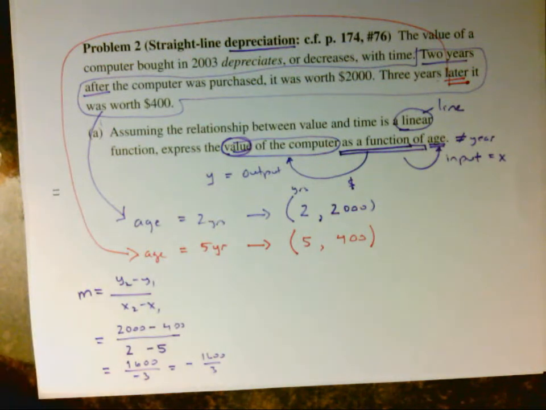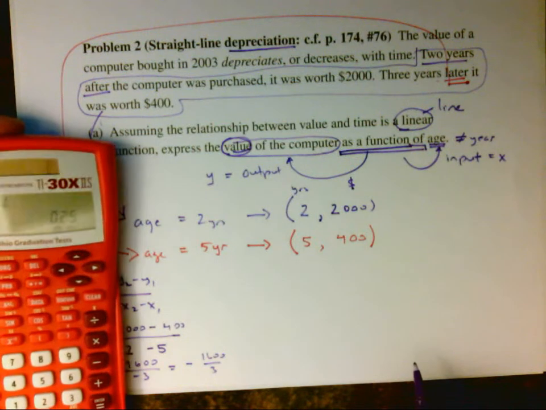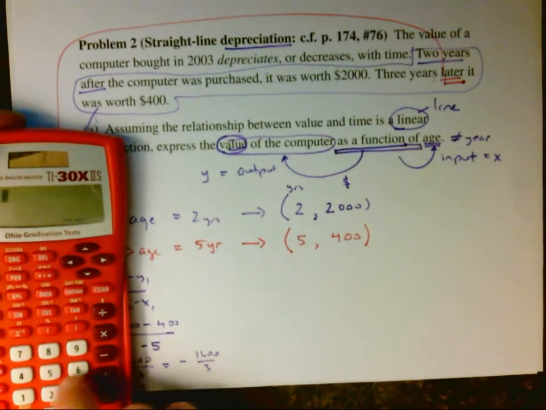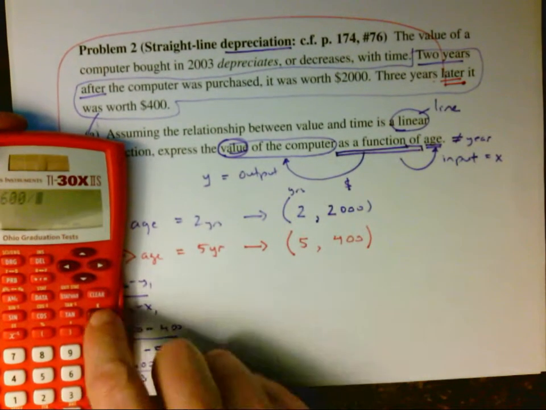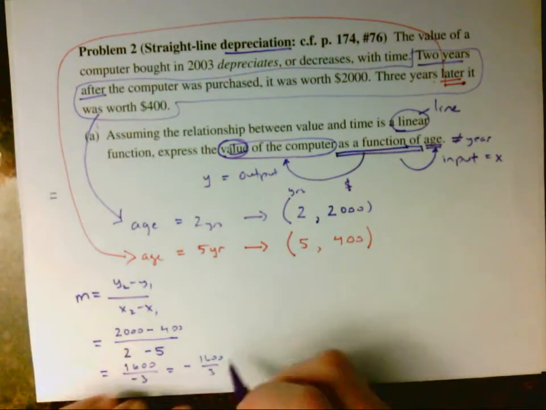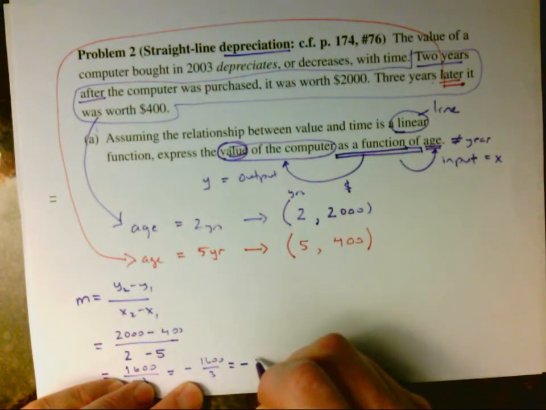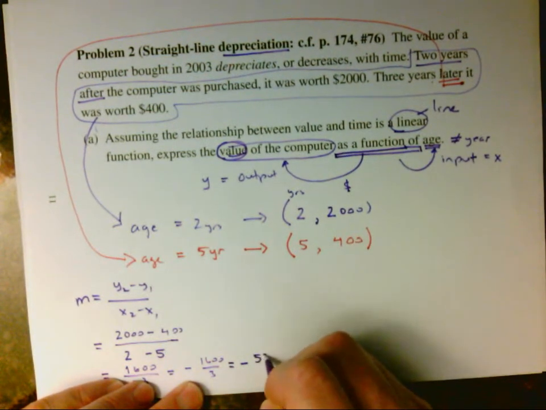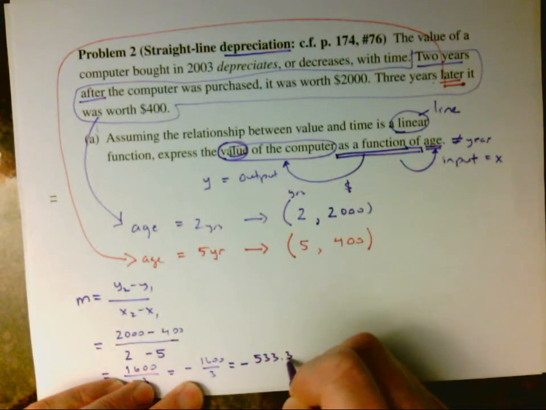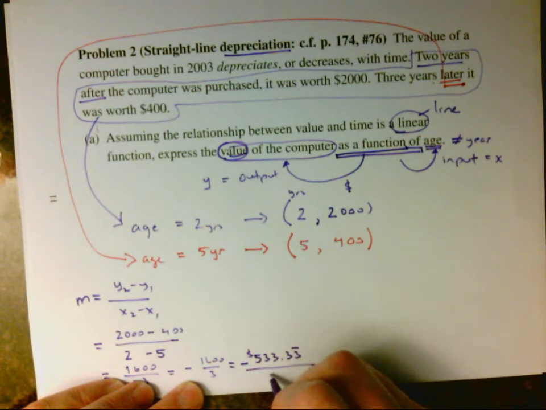I guess for my boss, they probably would like to see this maybe in dollars and cents. So 1600 divided by 3. So it's losing 533.33 repeating dollars per year.